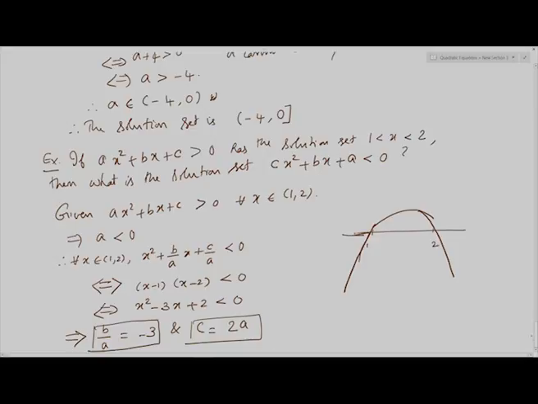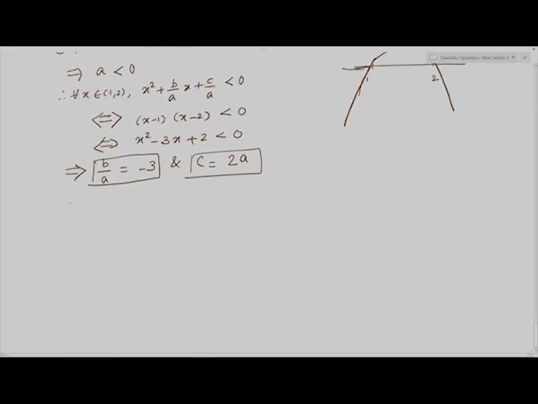cx square plus bx plus a less than 0. Let me write the equation. Therefore, cx square plus bx plus a less than 0 if and only if, substituting the value for c, I am writing everything in terms of a: 2ax square minus 3ax plus a is less than 0.